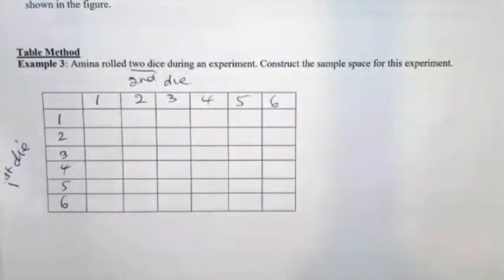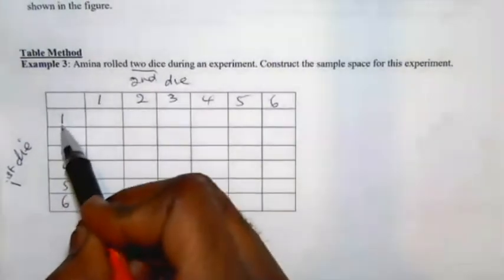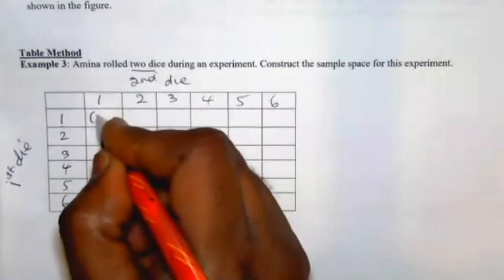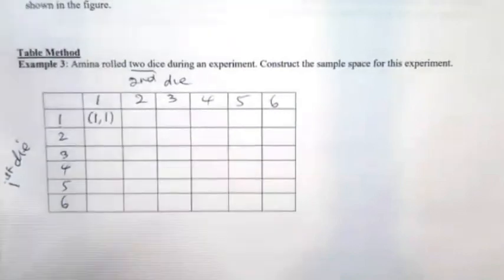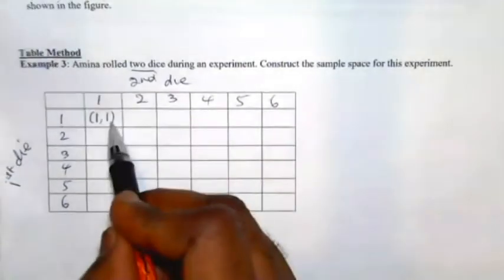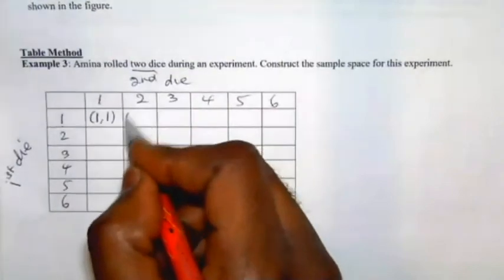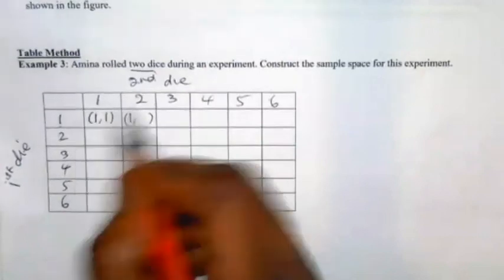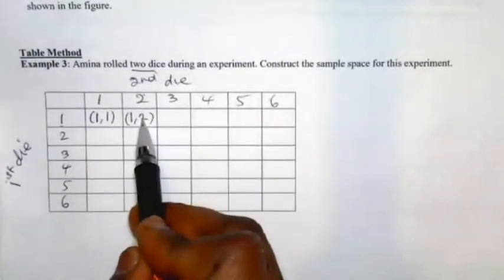So the first could land on 1, so we write 1 comma 1, where the second die is also 1. The first could be 1 and the second could be 2, so we have 1 and 2.